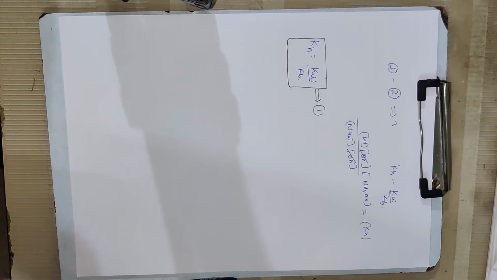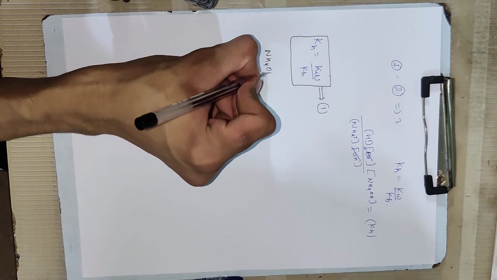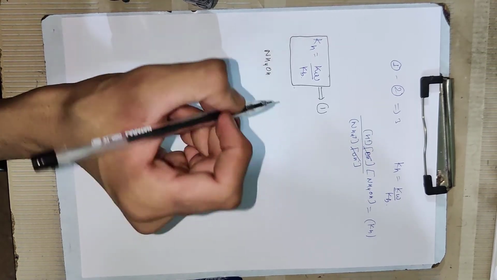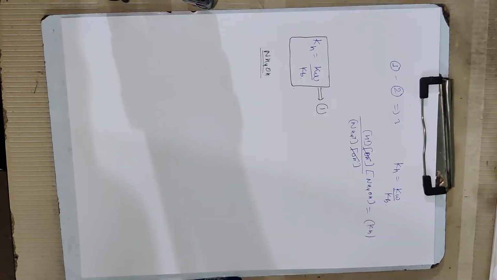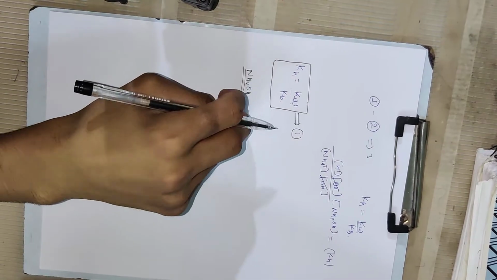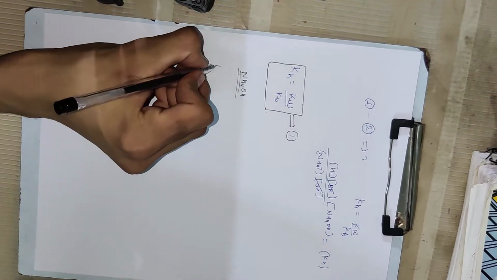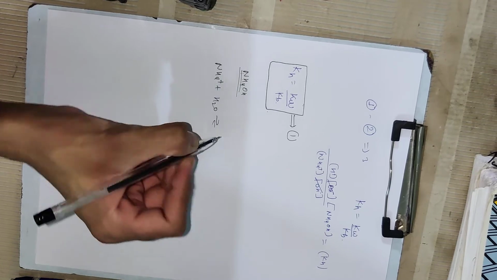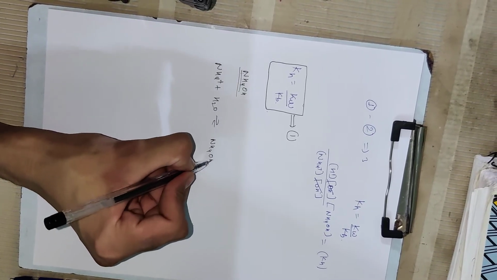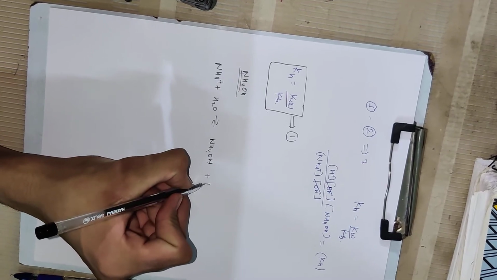Now moving ahead, you will write this equation as: this is a base NH4OH. We are doing hydrolysis of this cation, that is NH4+. We write NH4+ plus H2O gives us NH4OH, the base which we have taken here, plus H+.